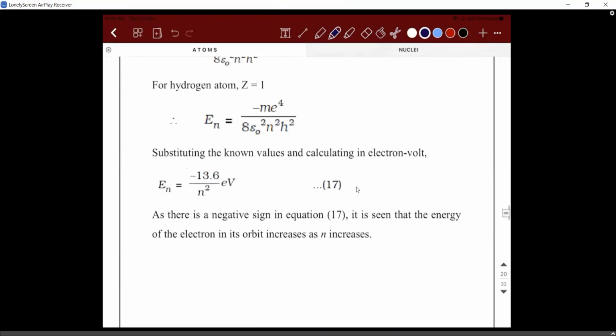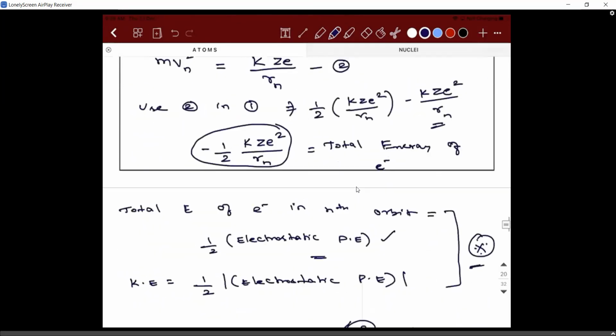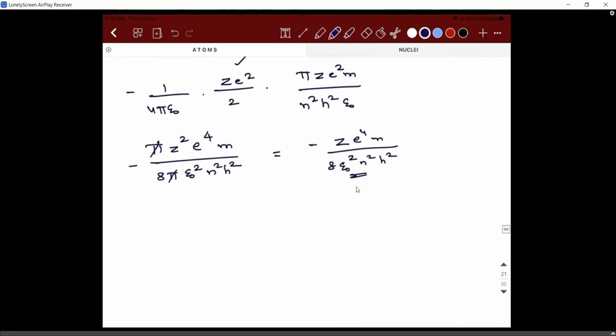So now what we can do is, let me write it like this. Minus m e power 4 divided by 8 epsilon naught square h square into z square divided by n square. So I'm separating the constants and the variables which are related to the particular element separately.